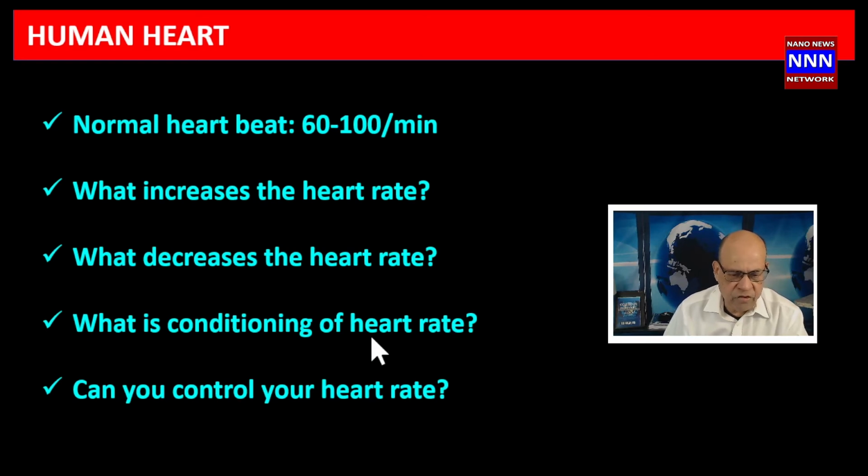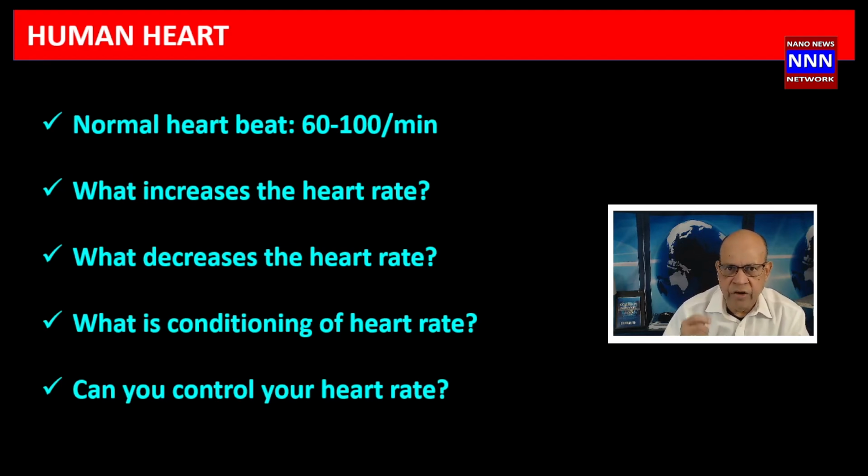Okay, let's talk about conditioning of the heart rate. When you exercise for the first time on a treadmill, your heart rate response can go from 60 to 120 within like 1 or 2 or 3 minutes. But as you continue to exercise, the heart and the muscles understand the demand that it is getting.